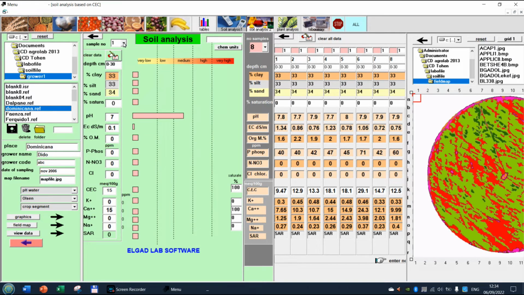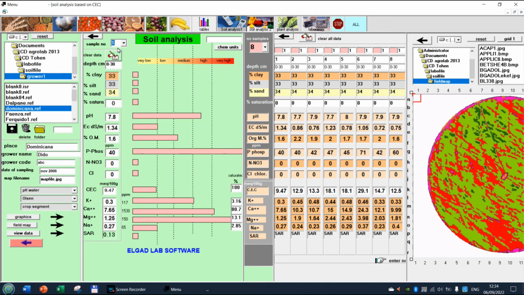And I can see for each one of the samples what was the level for the clay, silt, pH, organic matter, the level of phosphorus, cation exchange capacity, the level of cations. And I can change by this way also the sample that I'm looking for, and also immediately the diagnostic of what I have and how it's localized on the map.